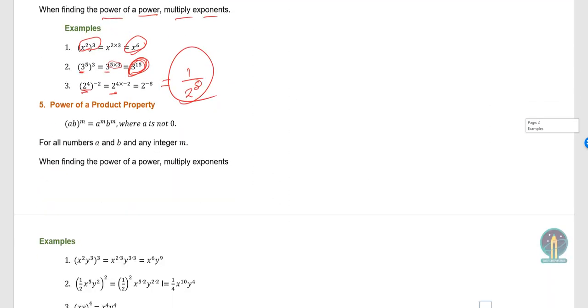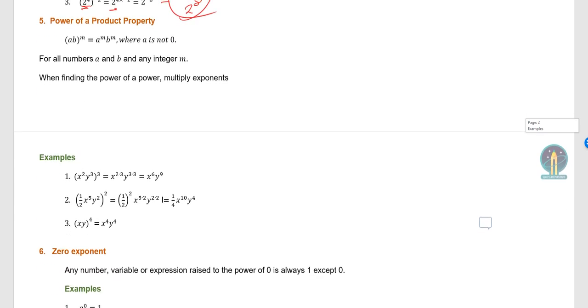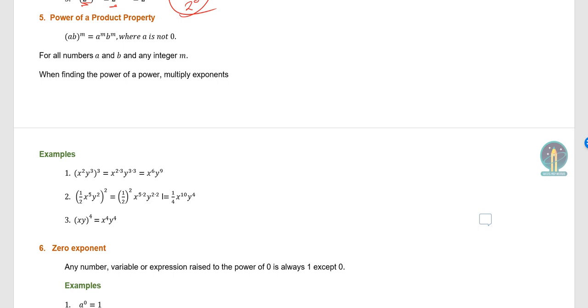Okay, next law, power of a product property. And this is something that I brought up a couple of examples ago. So again, if you had two items, like two numbers or two variables, whatever, and they're both multiplied in parentheses, and then the whole parentheses is raised to some power, a number or symbol, like m in this case, but m here represents a number.